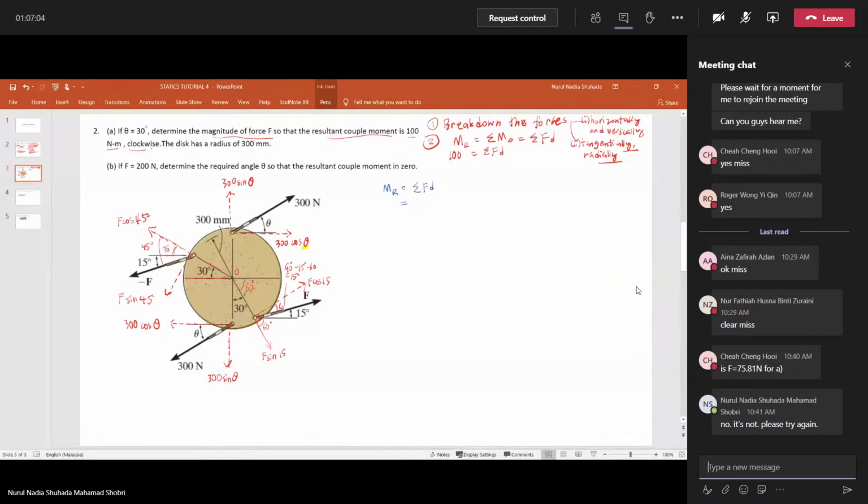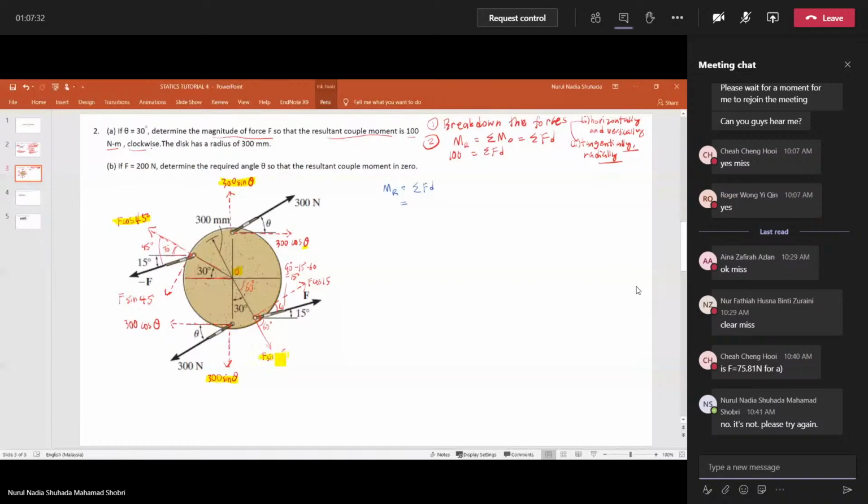First, the one that is radial and passes through the point O, like this one, and this force also passes through point O, and this force, and this force.